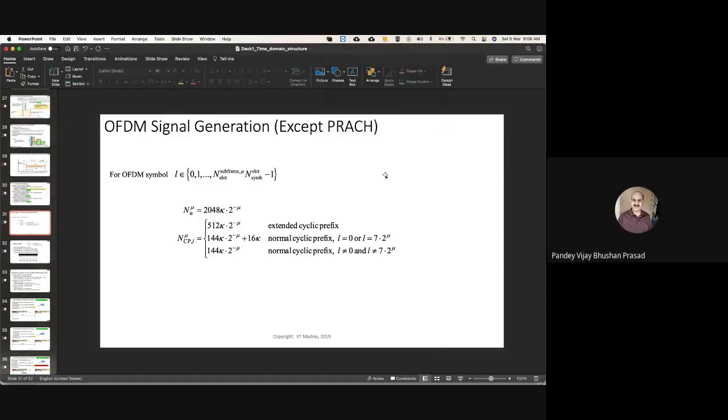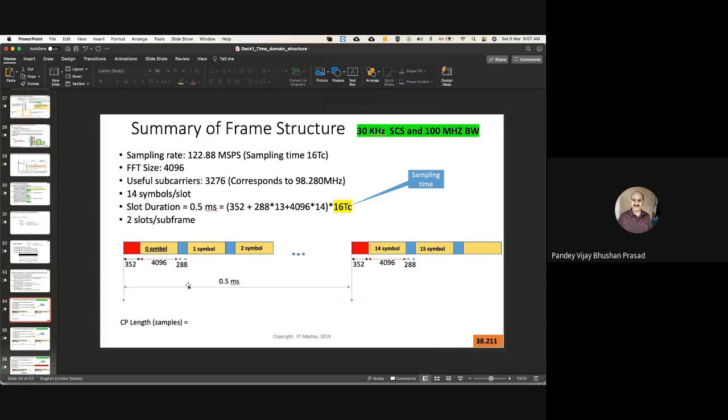Sir, what is the reason for having different cyclic prefix lengths? So the main reason is, if they put 288 here, then these 14 OFDM symbols will not become 0.5 milliseconds. It will be a little bit short of 0.5 milliseconds. So to make sure that this one slot fits in exactly 0.5 milliseconds, what they did was the first OFDM symbol has a little bit longer CP.